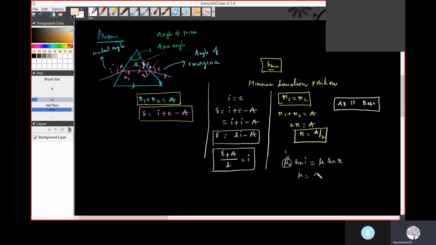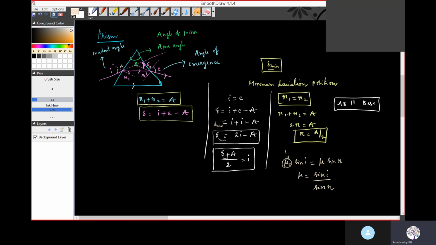So mu is equal to sin I by sin R. We know that I is delta plus A by 2, this is minimum deviation.